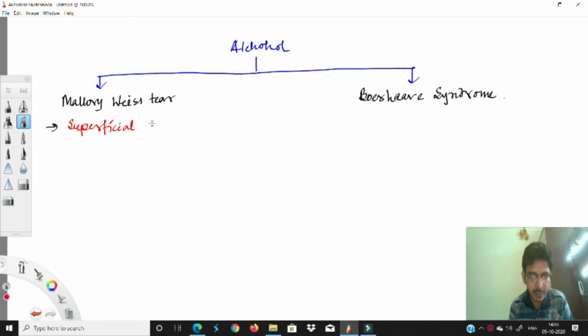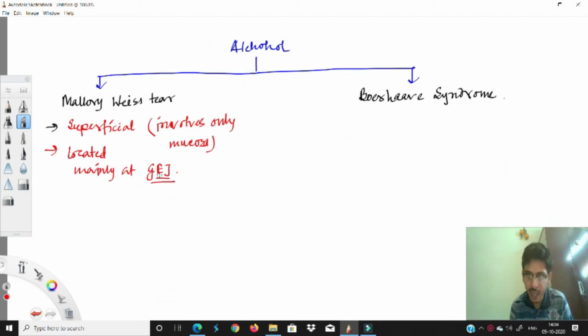Superficial part involved means it involves only the mucosa layer, and it is located mainly at the gastroesophageal junction, in short GEJ, in 90% of cases.